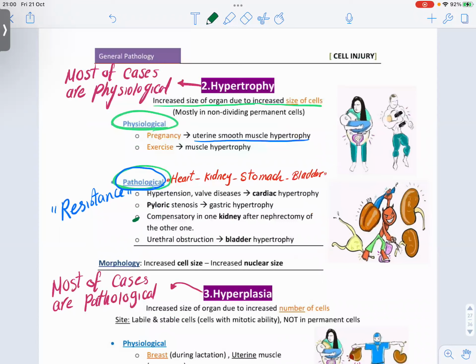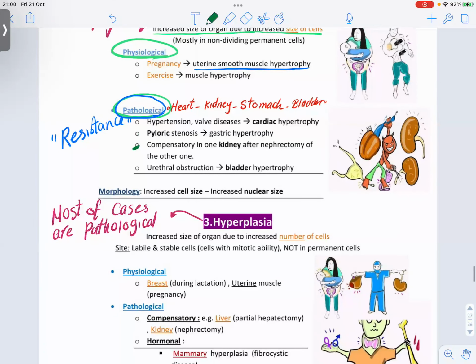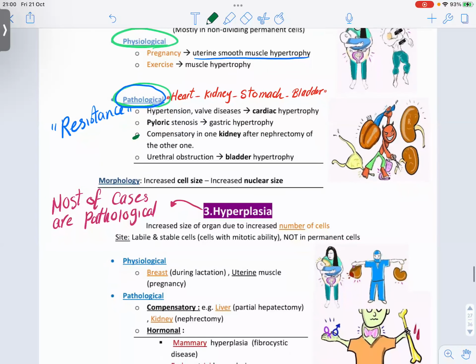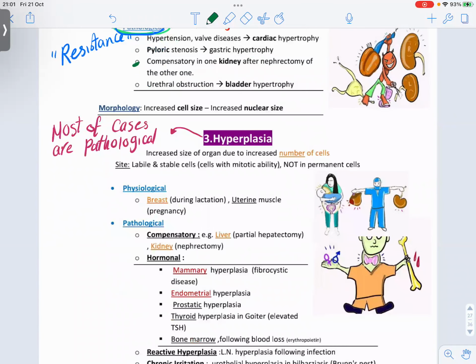Physiological and pathological, and we said physiological during pregnancy and exercise, but pathological due to increased resistance against the heart, the stomach, the bladder. And also we have compensatory, and we said you can put it in physiological or pathological. And in morphology, of course, hypertrophy is an increase in cell size and an increase in nucleus size and organelles.